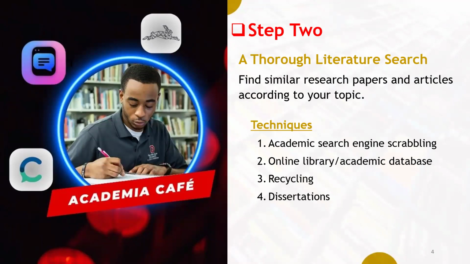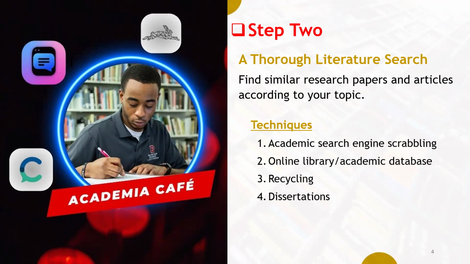I will be dropping the link to the tutorial on these tools in the description. What also makes these tools really useful is that they let you know how often a particular journal article has been cited. So you have an idea of the authority and the credibility of any particular article.